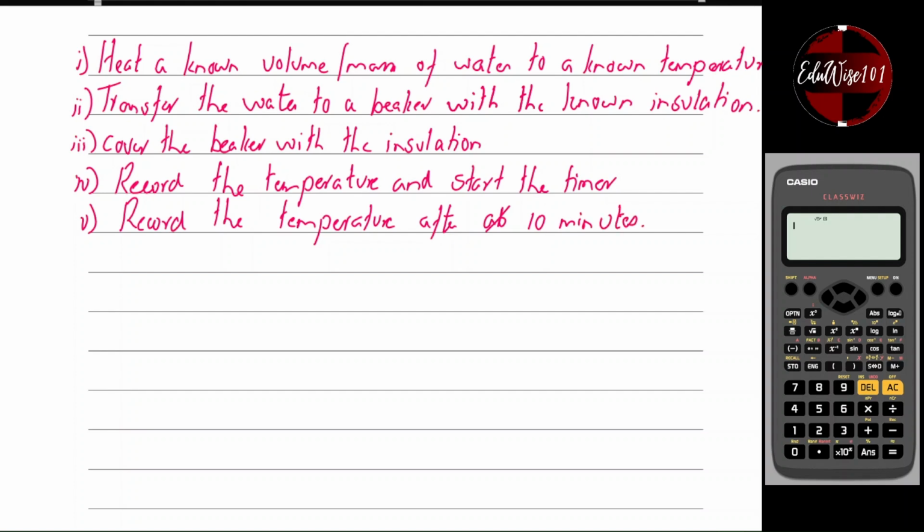Now, most of you made the mistake of just repeating what was done in the class, where you are going to take temperature readings every 30 seconds. That was done to show a pattern. Here, for this question, all we need to do is know the final and the starting temperature. So we don't really have to measure the temperature every 30 seconds. So record the temperature after 10 minutes.